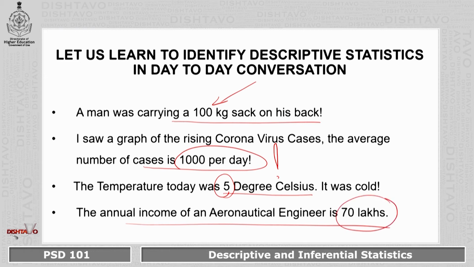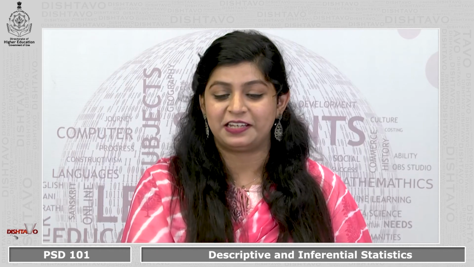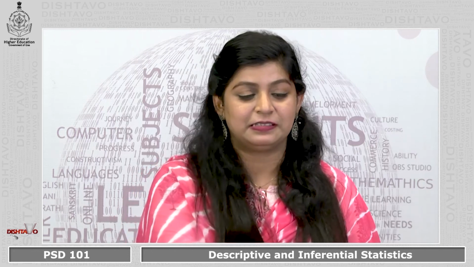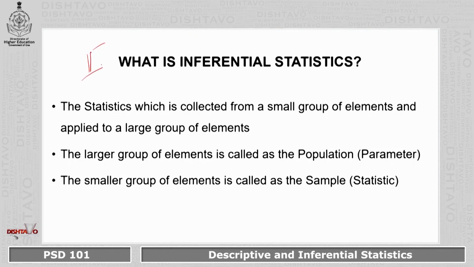This would again give us an idea not only of his socio-economic status, but also of his standard of living. So while people converse with you, it is very important to understand the descriptive statistics that they are using.